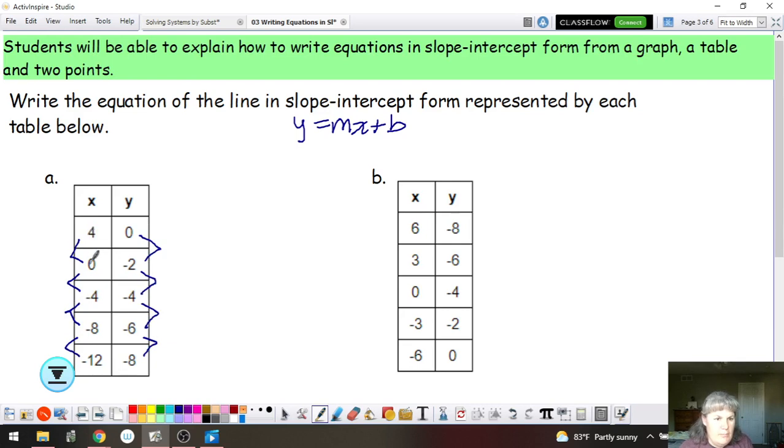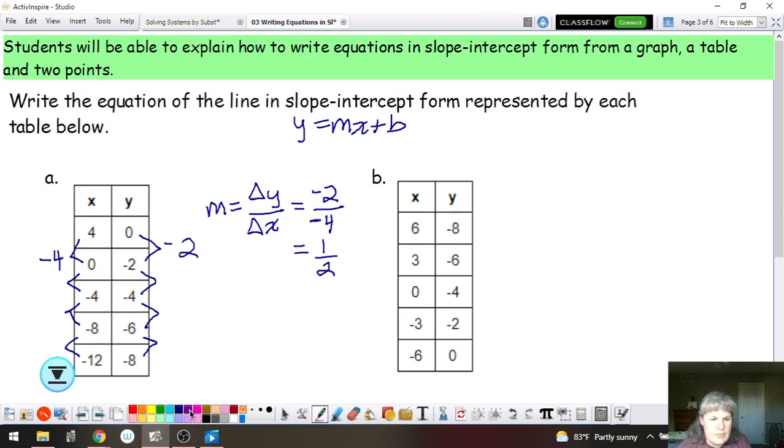If I look at my x values, they're decreasing by 4, and my y values are decreasing by 2. Slope is rise over run, a change in y over a change in x. So let's be careful here. My change in y is -2. My change in x is -4. When I simplify that, I have 1/2.